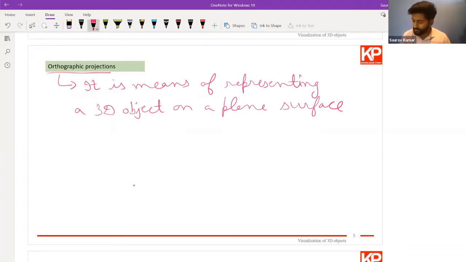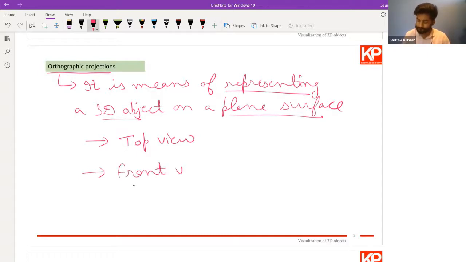So when we try to represent a 3D object on a plane surface, there are different views. The first one is the top view. Then we have a front view, and we have a side view.